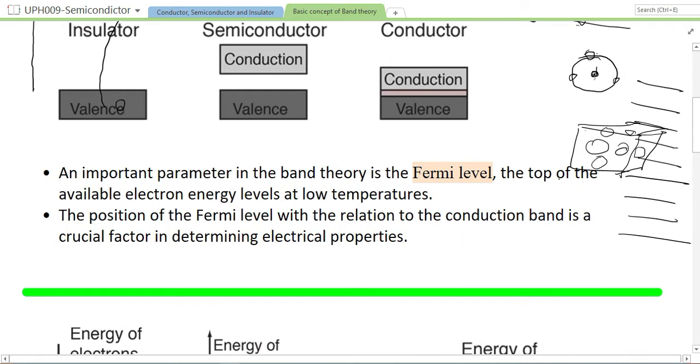Then at 0 degree Kelvin, and the Fermi level is always defined in terms of an isolated atom. So the Fermi level is defined for individual atoms, not in a material. It is the level up to which the electrons will be filled if you keep the atom at 0 degree K.